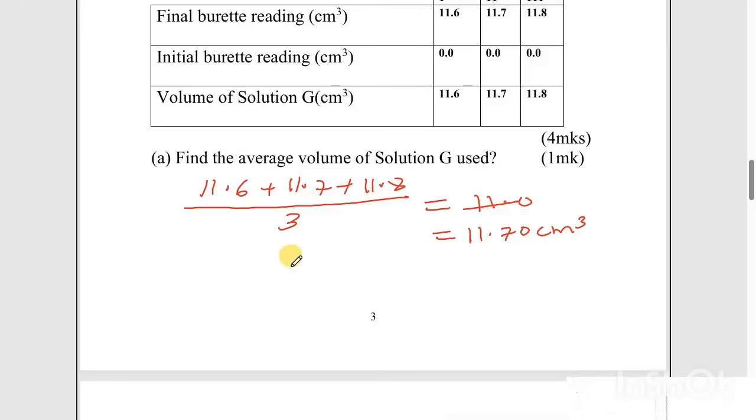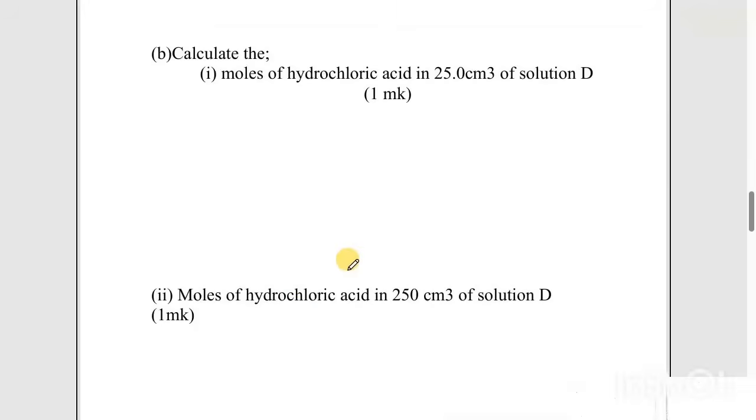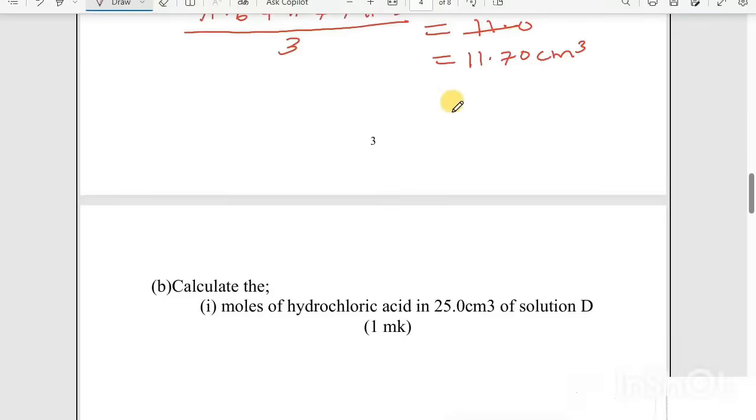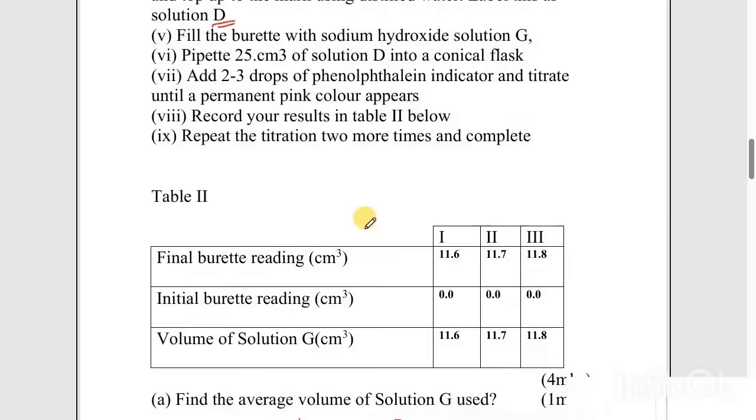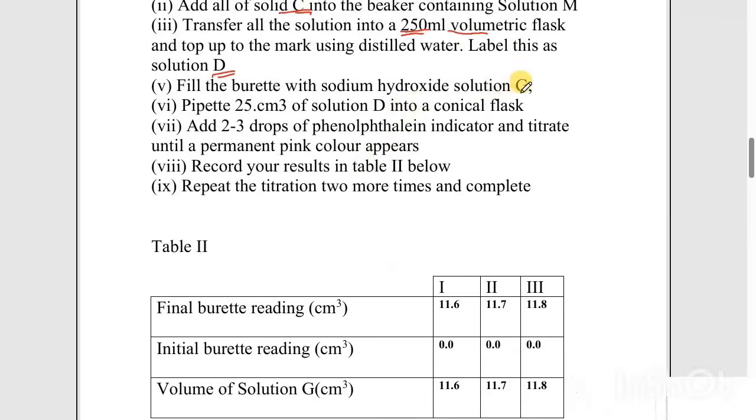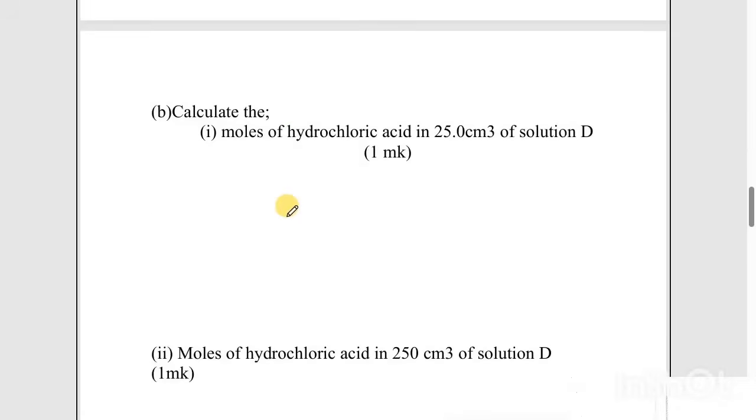Next question is calculate the number of moles of hydrochloric acid solution in 25 centimeters cube solution D. So solution D is HCl but diluted, and it has reacted with solution G that we know. We have several more information on solution G, but D we don't know much about it.